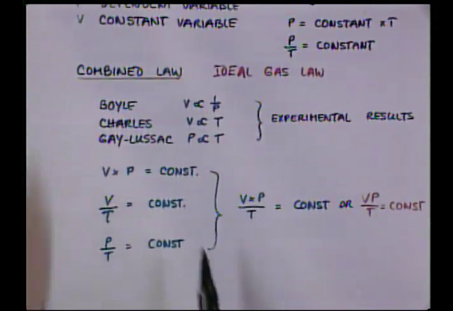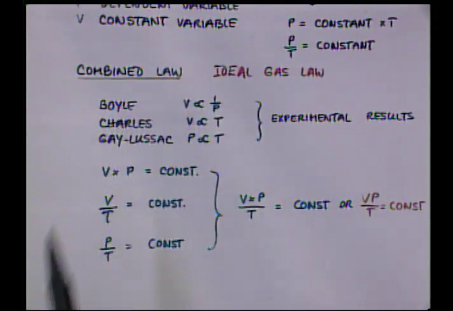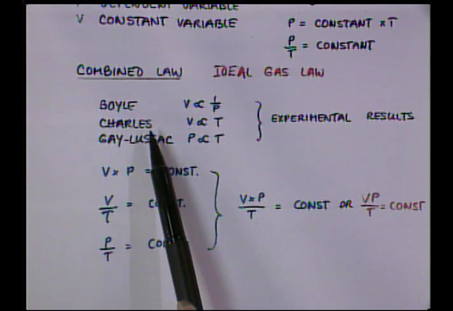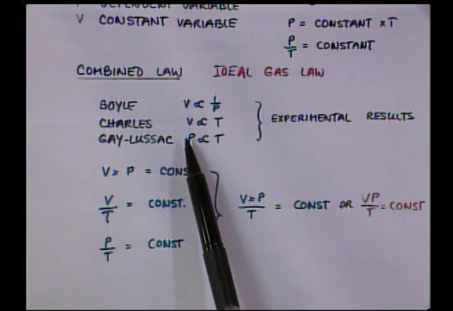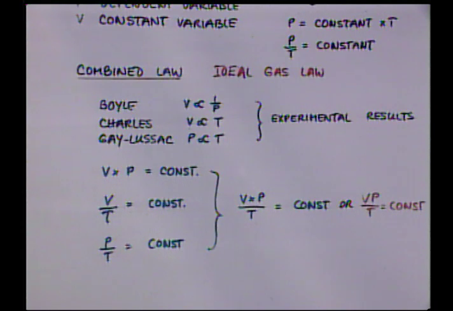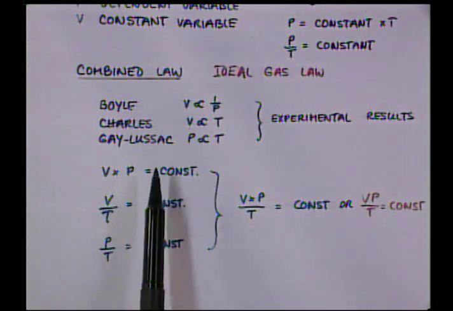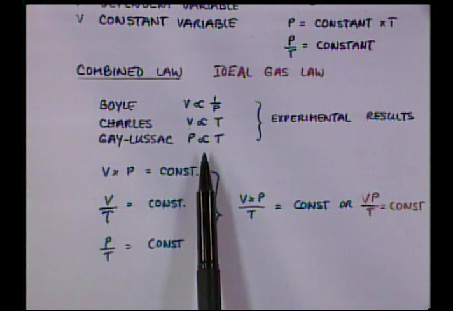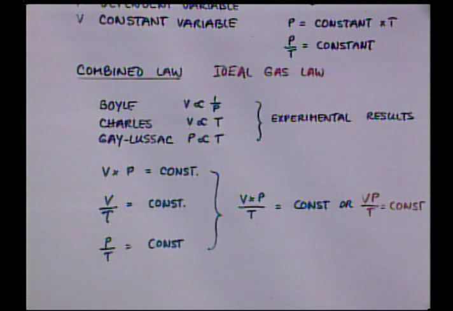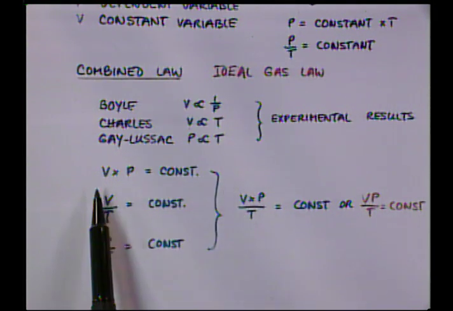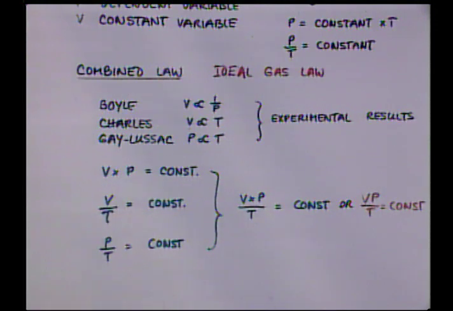Now we have learned that according to Boyle, V is inversely proportional to pressure. According to Charles, V is directly proportional to temperature. And Gay-Lussac, pressure is directly proportional to temperature. So we can say V times P, or the product pressure and volume, is constant.